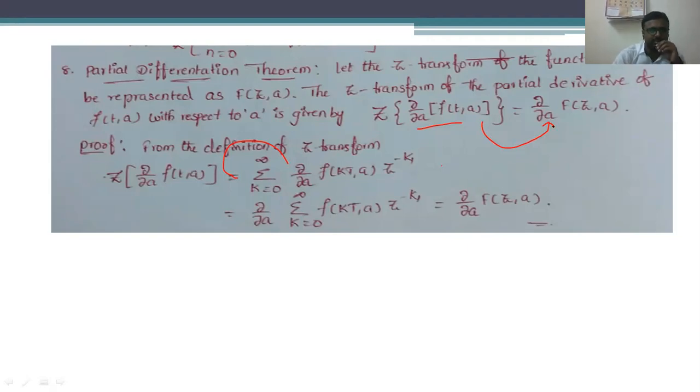I have seen them in the previous university question papers. They can be asked for both 7 marks and 2 marks also. In some problems, it is asked for 4 marks, depending upon the weightage of the question. Okay. So let us discuss the problems regarding the initial value theorem and final value theorem.